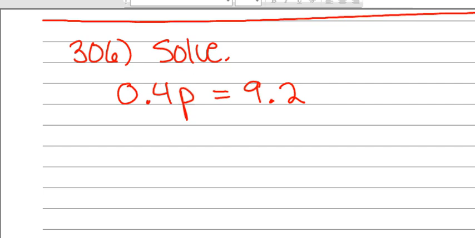So, what's going on between the 0.4 and the p? Well, there's a times in there that we don't see. You might remember that.